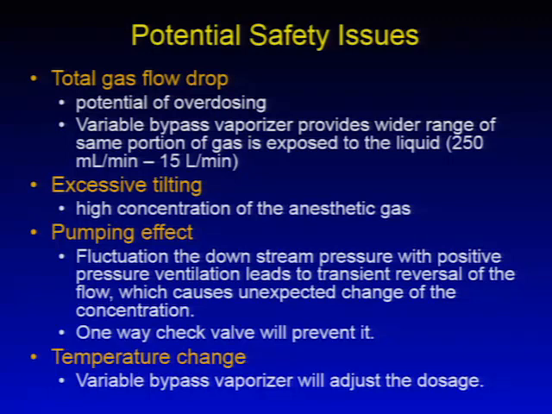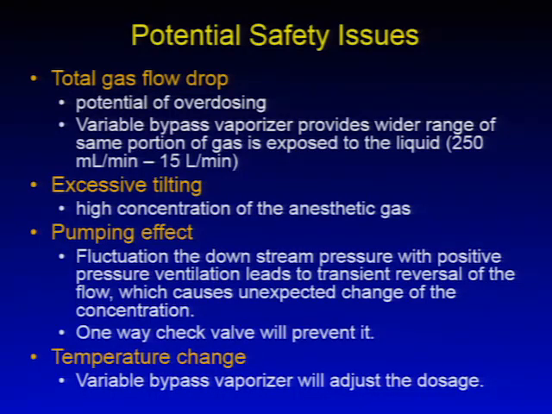So the copper kettle has potential safety issues, which are pretty much solved by the variable bypass vaporizer. Let me explain the potential issues. One is total gas flow drop. This can cause overdosing because of the low flow through the copper kettle.